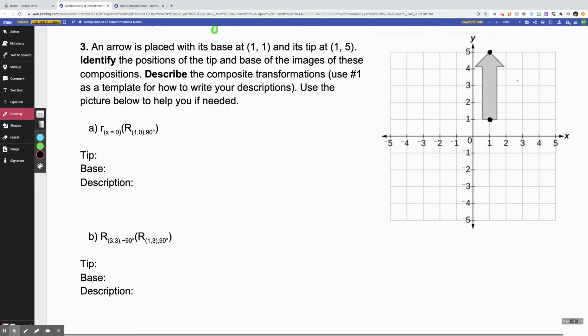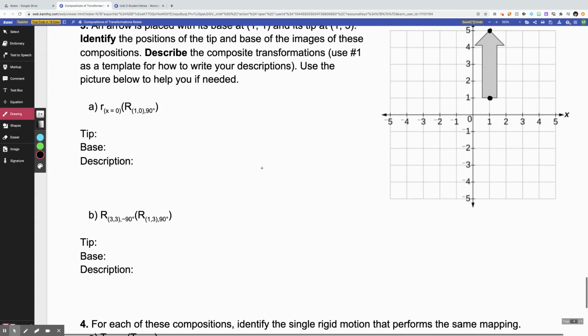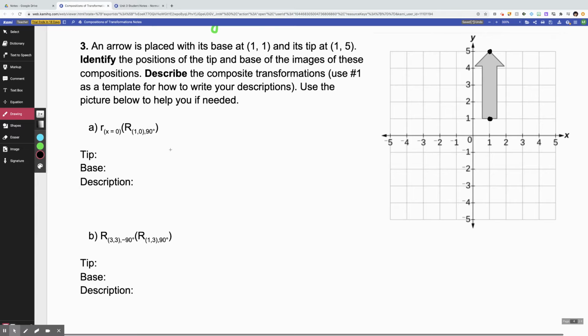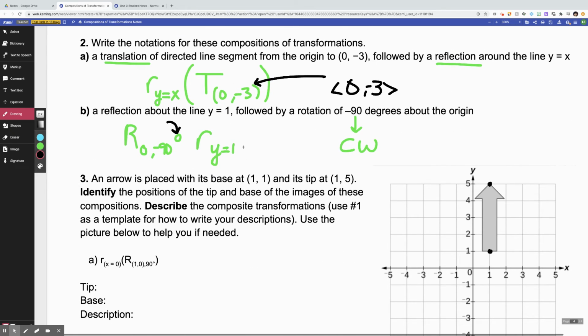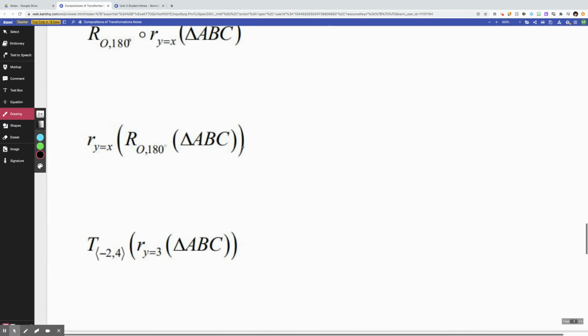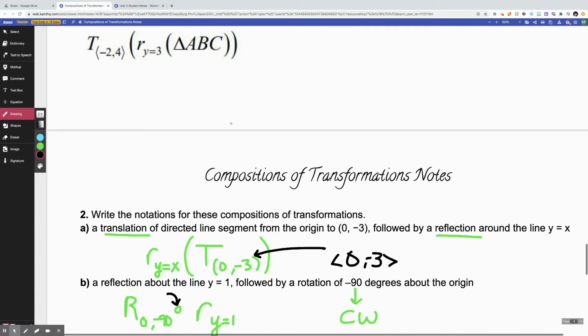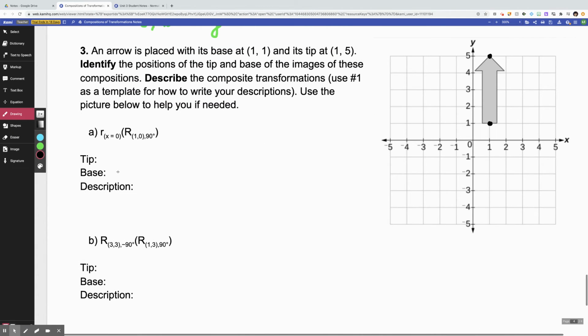So what we're going to do is perform these 2 transformations on this arrow, and see what coordinate point the tip ends at, what coordinate point the base ends at, as well as write a description. So similar to the interpretations that we wrote for number 1. Okay, so I'm going to do the first one, and then I'm going to have you try out the second one.